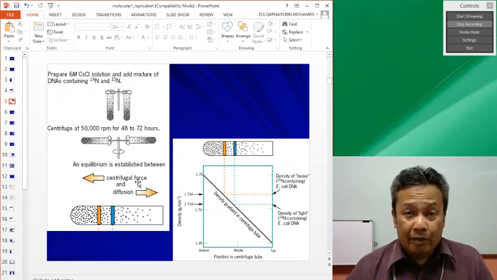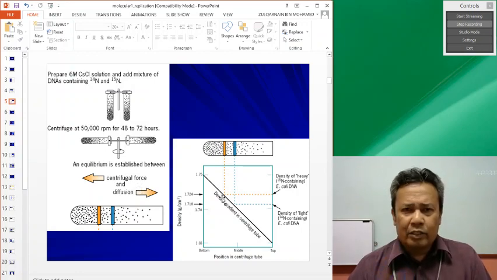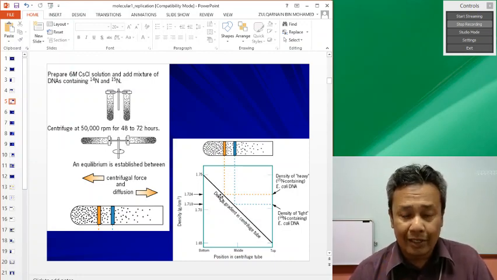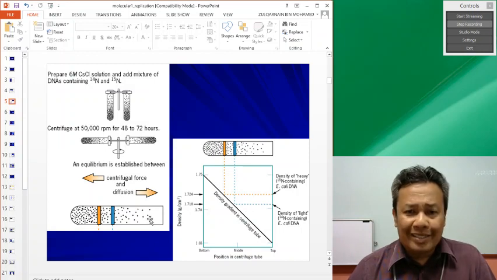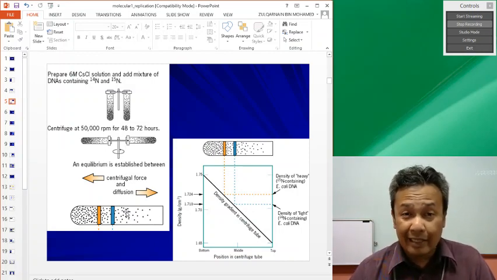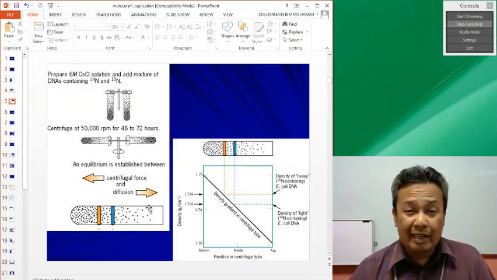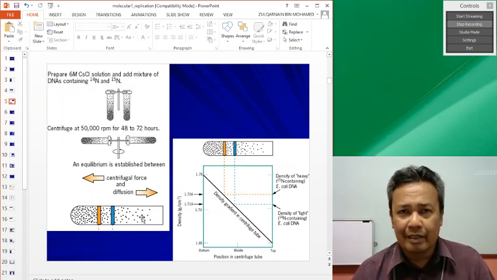And the other important factor is this slide here. This is called density gradient centrifugation. I'm sure you know what centrifugation is. Density gradient means that in the tube itself you have a medium, in this case cesium chloride, which has undergone a few days of centrifugation, just the medium, so that what you have is a density gradient.